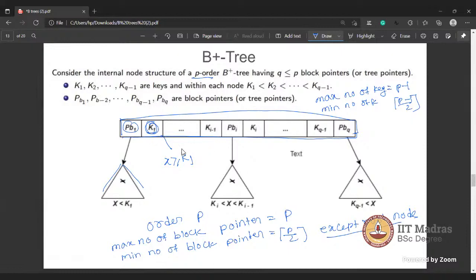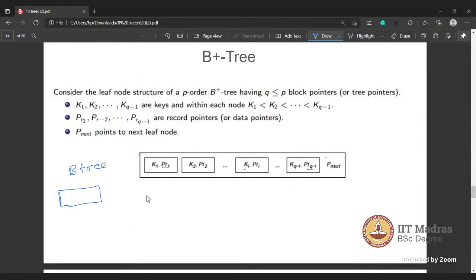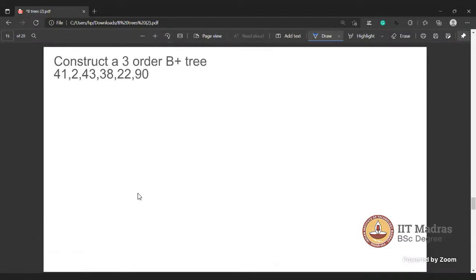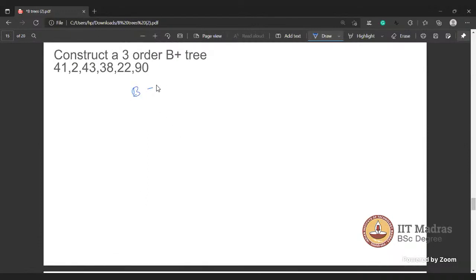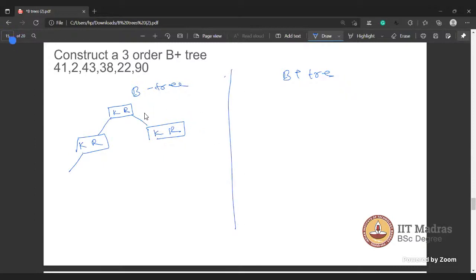Can you please repeat? Okay. See, in a B tree, records are stored in internal nodes also and leaf nodes also.